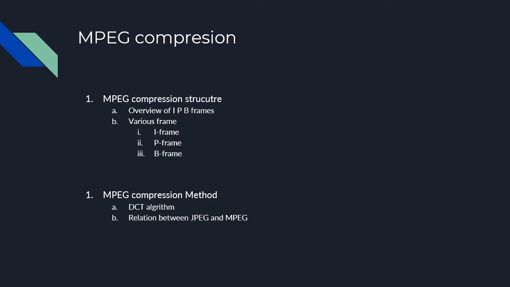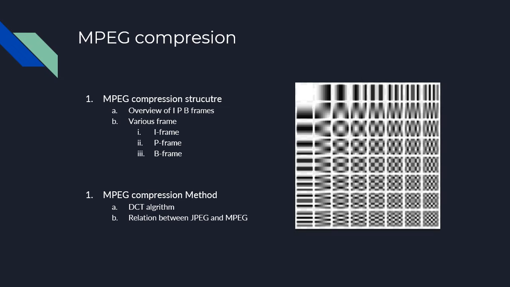As for the way it's compressed, the I frame is as follows. It's using the DCT algorithm, whose idea is that no matter what the wave is, all of the wave can be constructed from some kind of cosine waves, and it's using the same idea. As you can see in the photo, this is a photo generated by cosines.